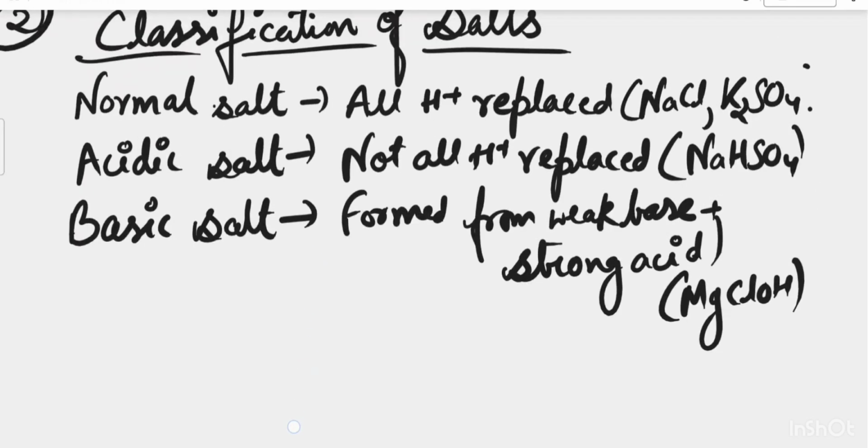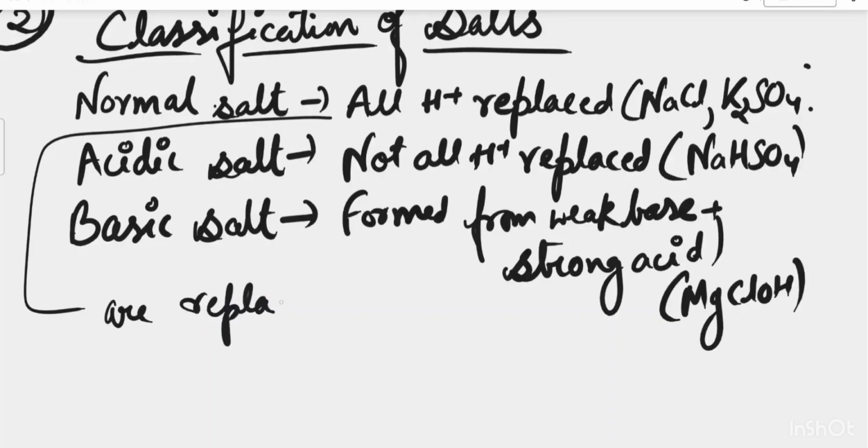Okay, so salts are not just of one type. We can classify them as normal salts, acidic salts, and basic salts. In normal salts, all replaceable hydrogen atoms are replaced by metal ions.